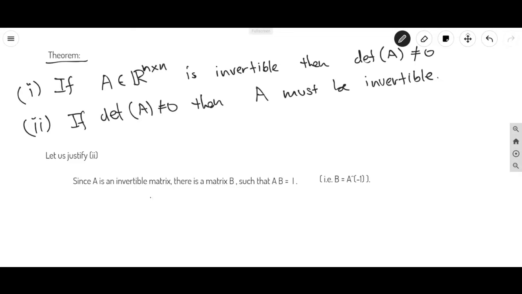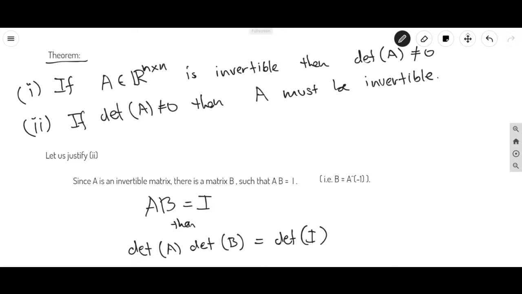So since AB is equal to the identity, it means by the property that we just discussed, the determinant of A multiplied by the determinant of B is equal to the determinant of the identity.